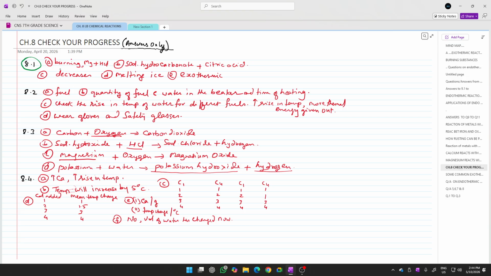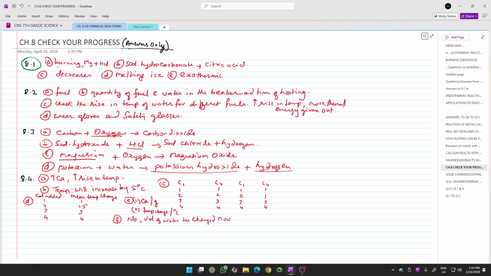Okay, it should be exothermic reaction. I have written burning for A. There are other options also; burning is there, and magnesium reacting with dilute hydrochloric acid is also there.